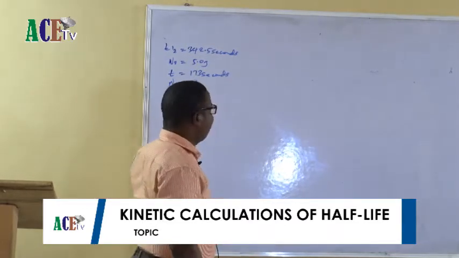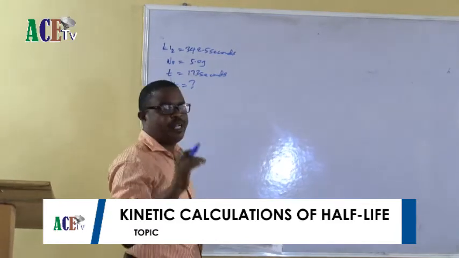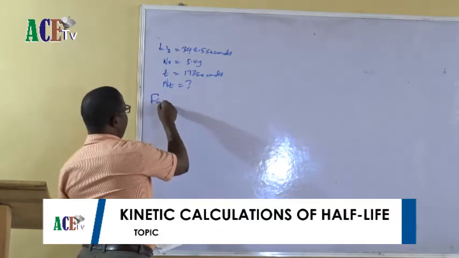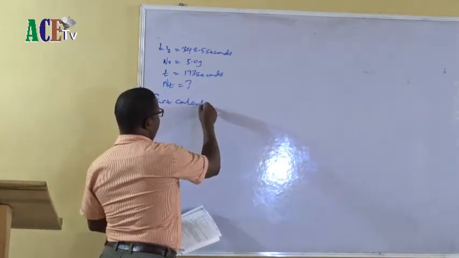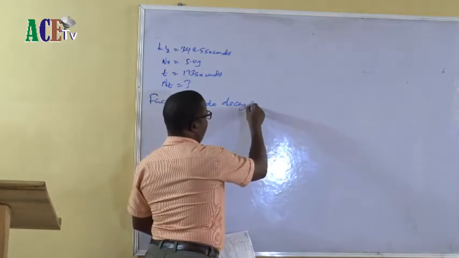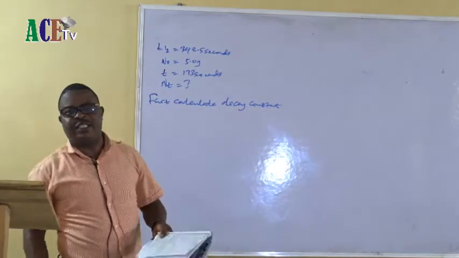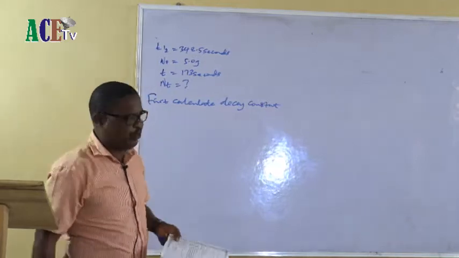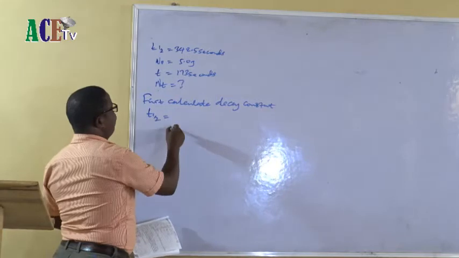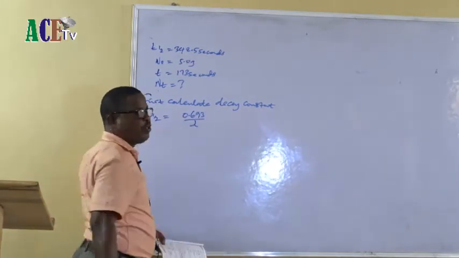So to calculate our Nt here, that means the mass that remains after 173 seconds, the first thing is to calculate the decay constant of the reaction. If we can recall, we said T half is equal to 0.693 all over decay constant.